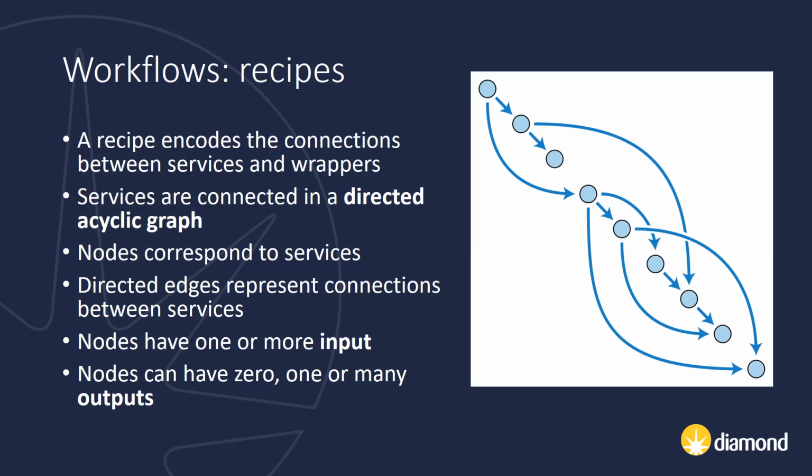Each node can have one or more inputs, and any node can have 0, 1, or many outputs. So you can see, obviously, if a node has 0 outputs, that's the end of that part of the tree.